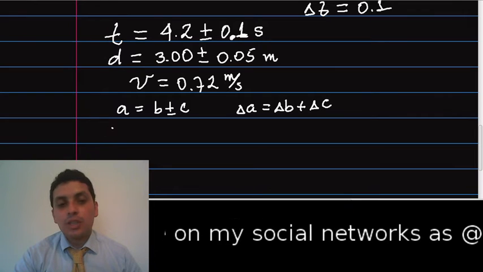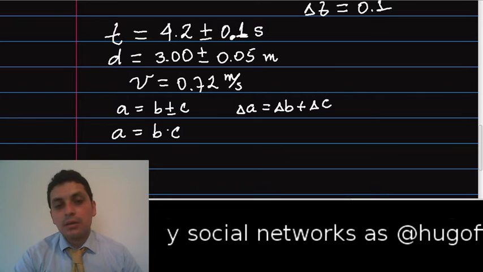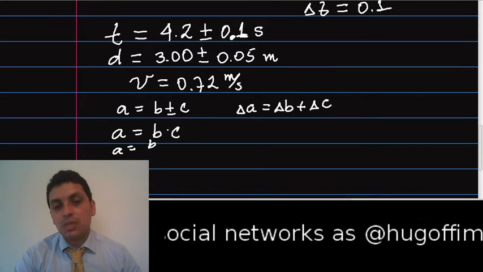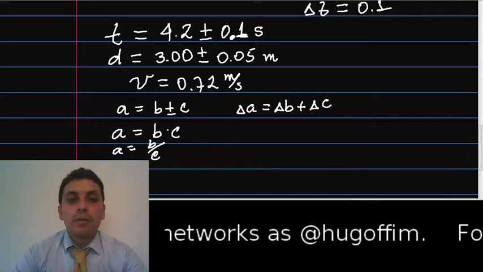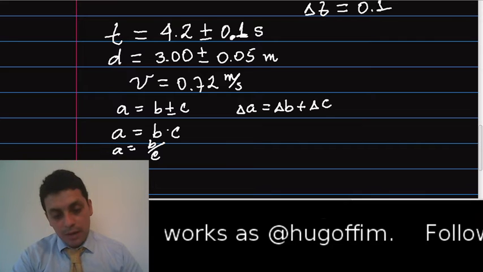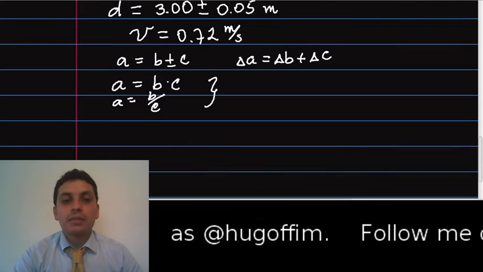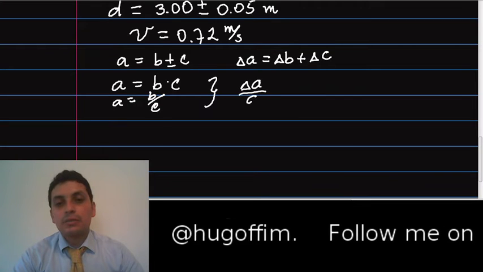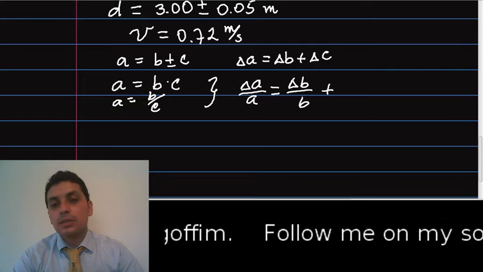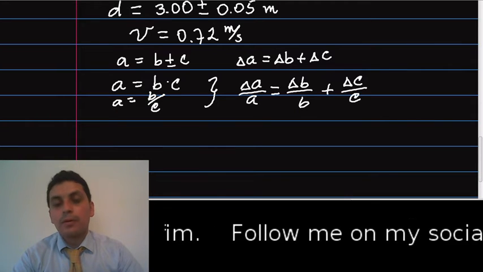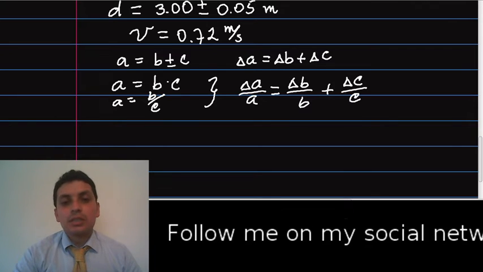And when you have division or multiplication, we have to decide the uncertainty by using relative uncertainty. So the relative uncertainty for A is equal to the sum of the relative uncertainties. Here we just need to get the relative uncertainties in each case.